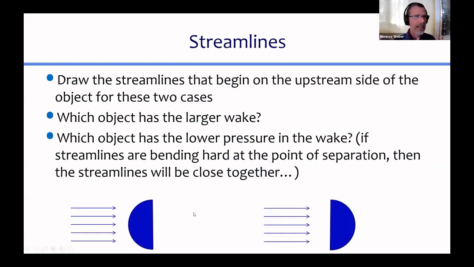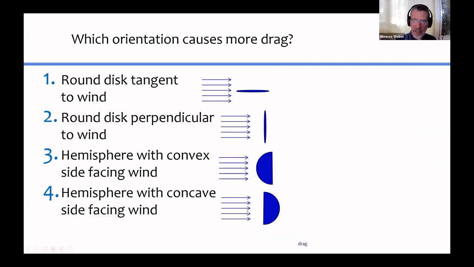In order to understand this, we need to draw the streamlines that begin on the upstream side of the 2 cases that I'll compare. And it'll be clear why these 2 are interesting ones. The next in line is actually number 2.